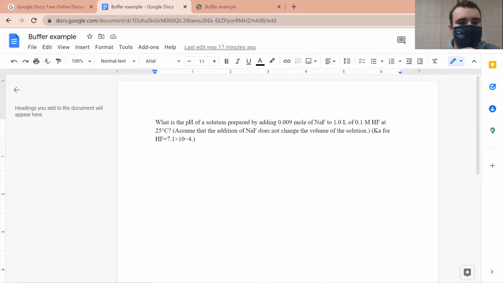Anyway, gonna cross multiply, so it ends up being x squared equals this, 10 to the negative 4. Just imagine that's a negative 4.